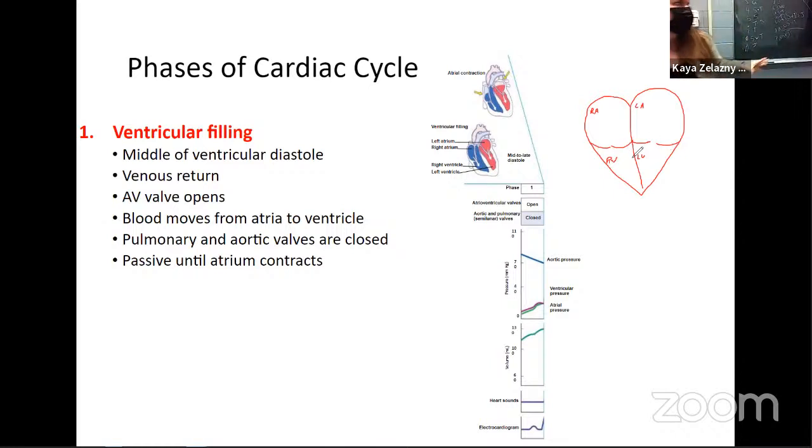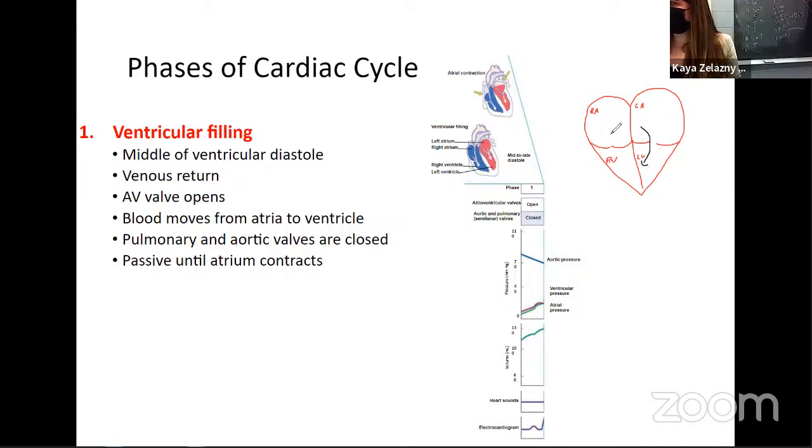Technically this happens in the middle of ventricular diastole.